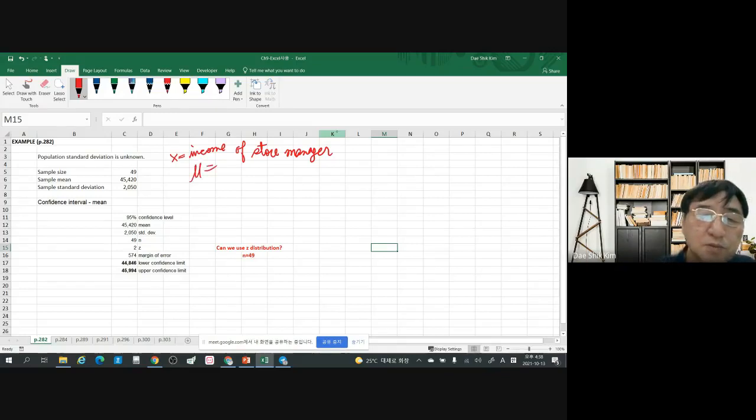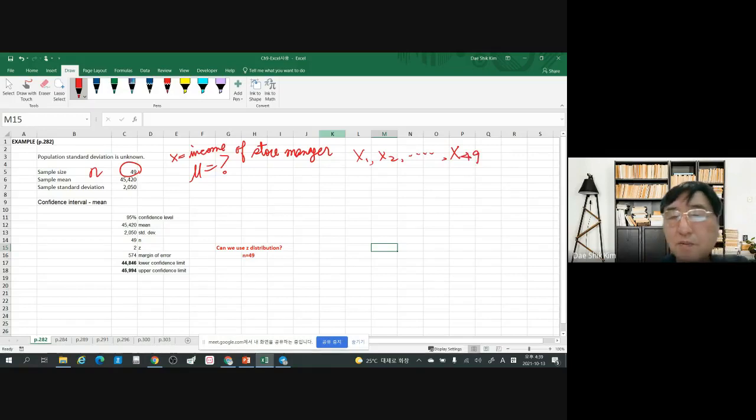Mu is unknown, and we want to find the confidence interval, okay? Sample size n is 49. So x1, x2, and so on, we just interview. We find out all 49 managers' monthly or annual salary, how much they earn, and we calculate X bar. This is X bar.